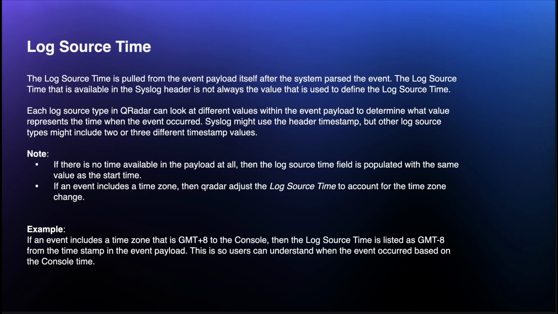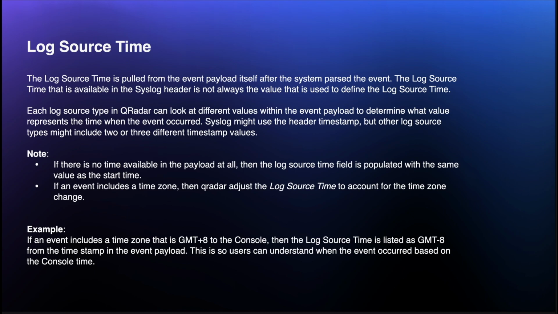If an event included a time zone that is GMT plus 8 relative to the console, then the log source time is listed as GMT minus 8 from the timestamp in the event payload. This is so users can understand when the event occurred based on the console time, and it is easier to correlate events across the sources.